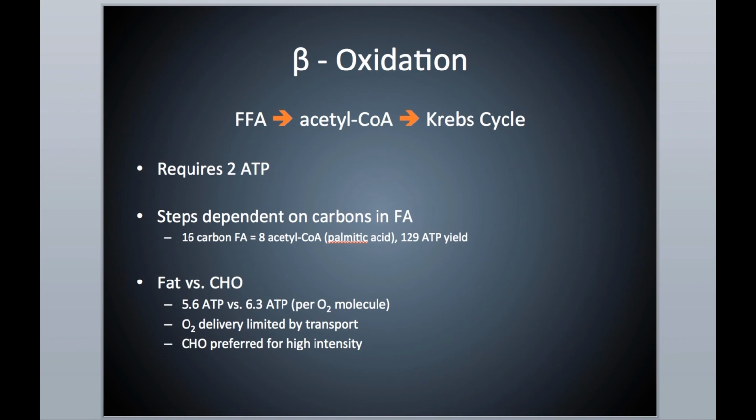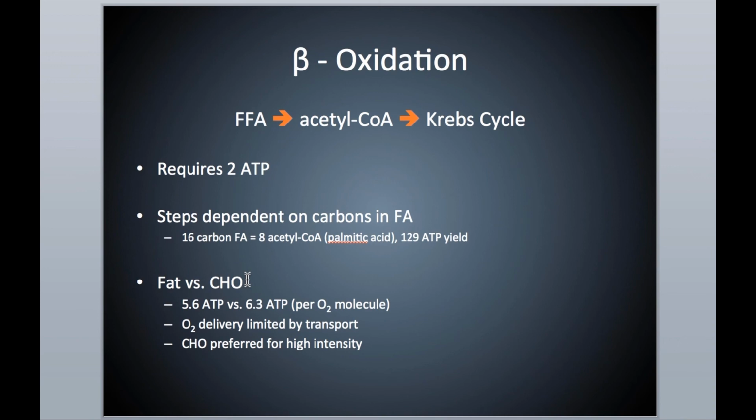Now, the one thing to keep in mind is that fat, although it provides a lot of energy, it's not as efficient, at least aerobically efficient, as carbohydrates. For every oxygen molecule, we get about 5.6 ATP for fat versus 6.3 ATP for carbohydrates.